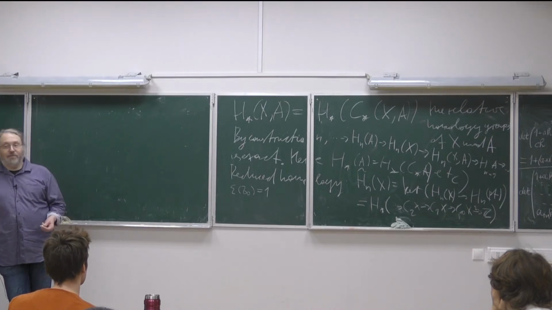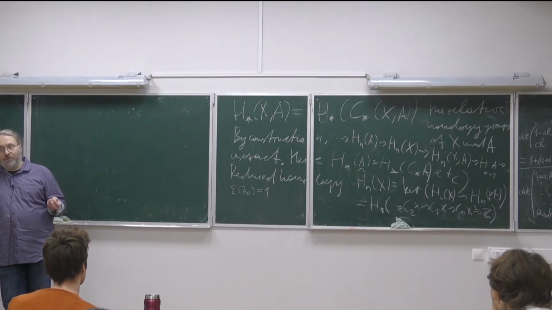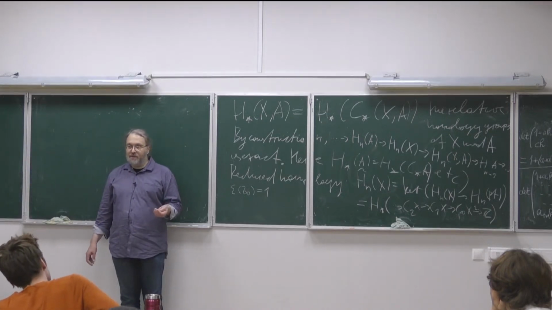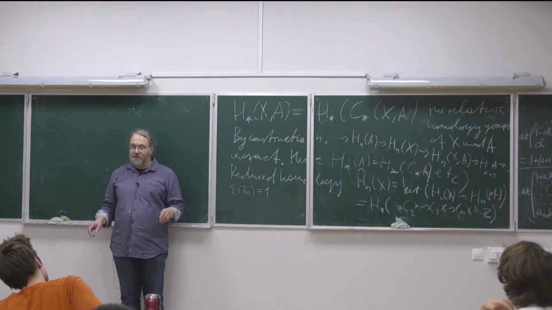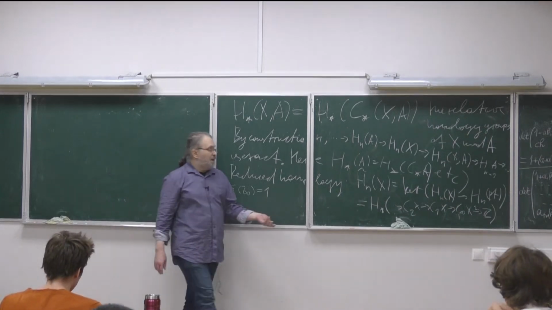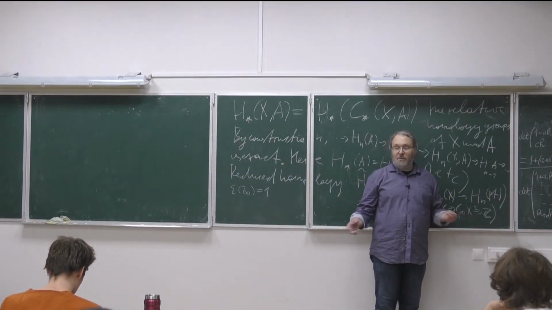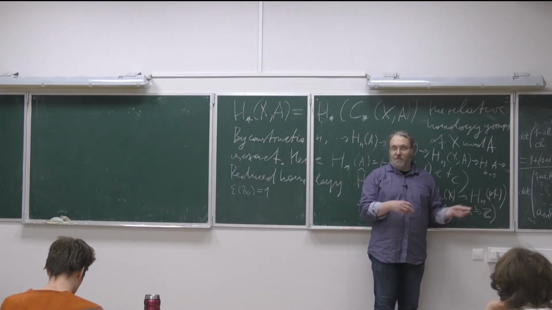Yes, but which point? If you take a different point, you would get a different group. This group will be isomorphic, but it will be different. If we want a functor which is defined on spaces, not pointed spaces, just spaces, then we need to use some abstract point here, which is not an element of X, just a point far, far away.